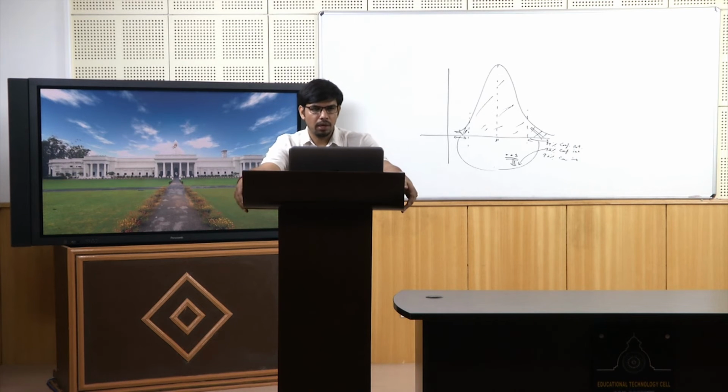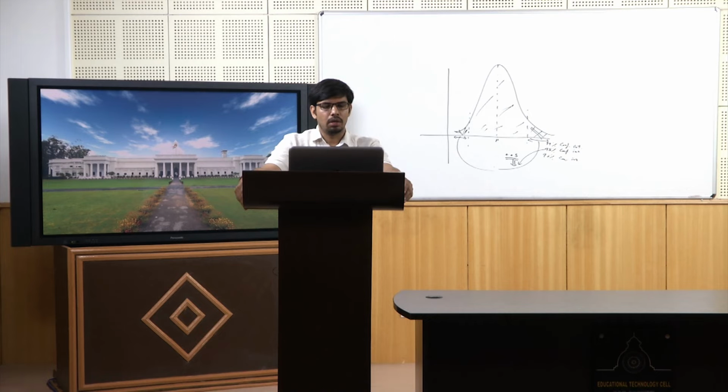Another way of understanding a confidence interval is how close x bar is to mu, because our x bar is computed based on a sample randomly drawn from the normally distributed population.